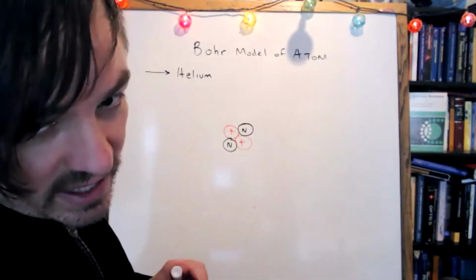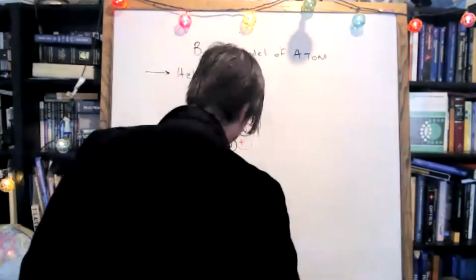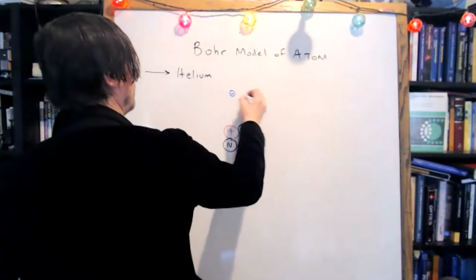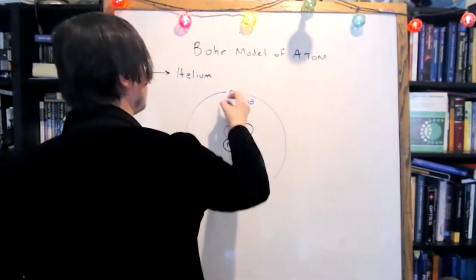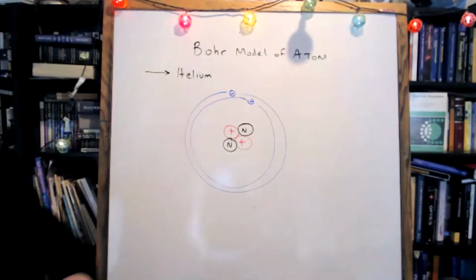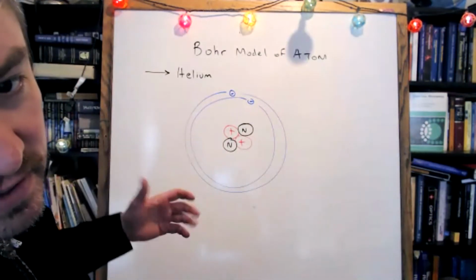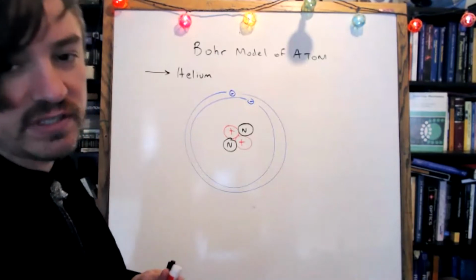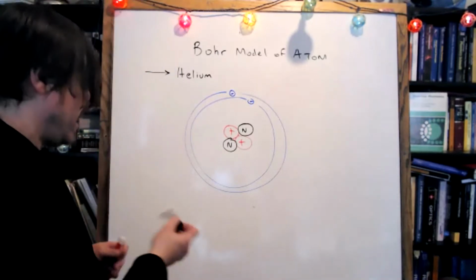And provided the helium atom is electrically neutral, it will have 2 electrons in orbit around the atom. This is the second most basic element in nature. It's called helium. And let's just label our parts to make sure that we understand some things, okay?